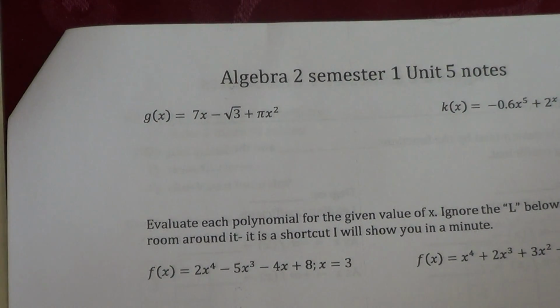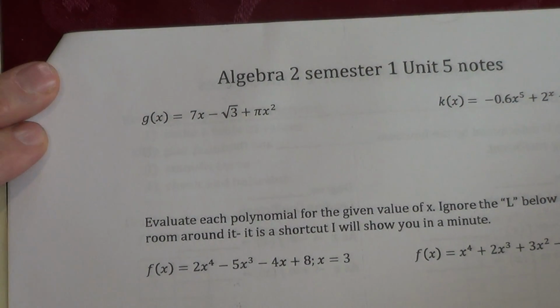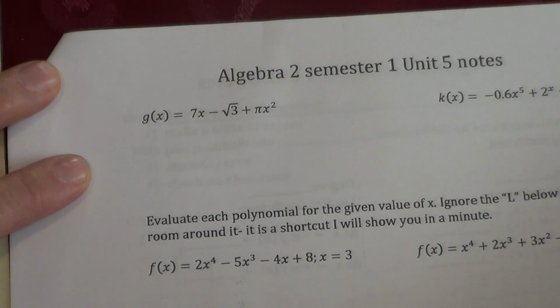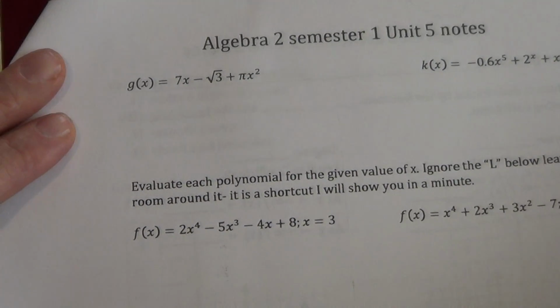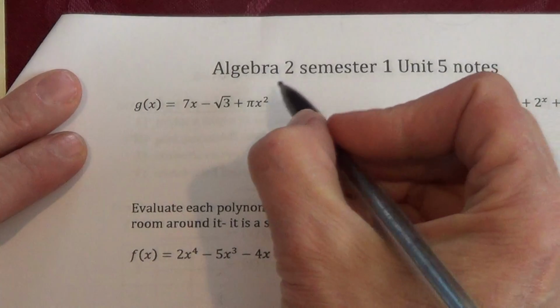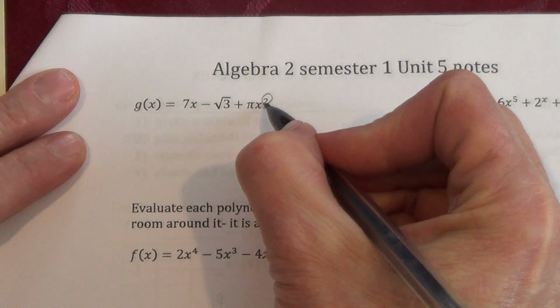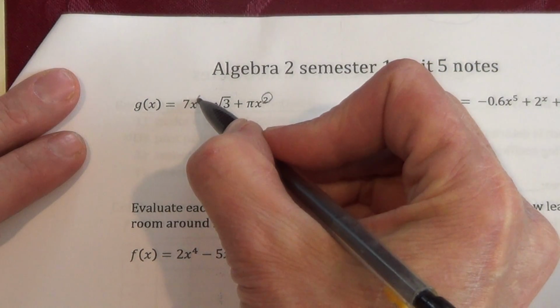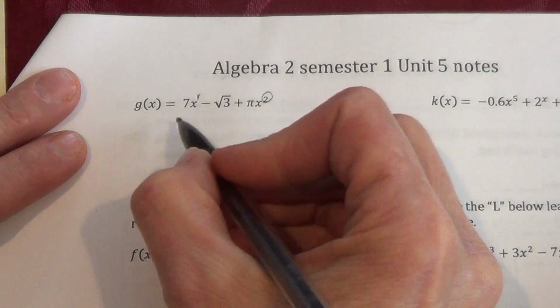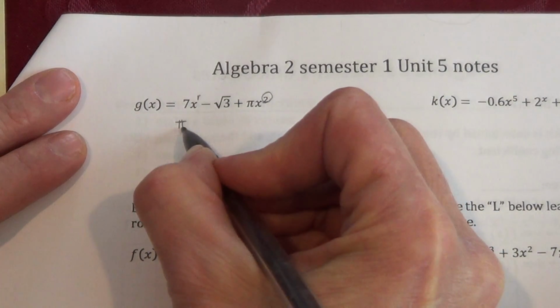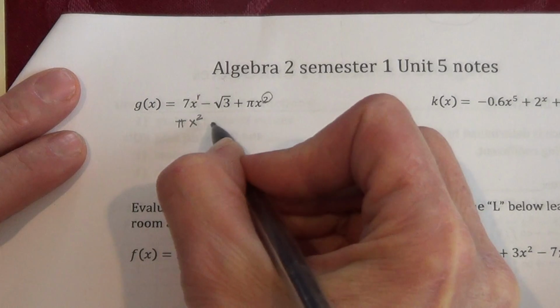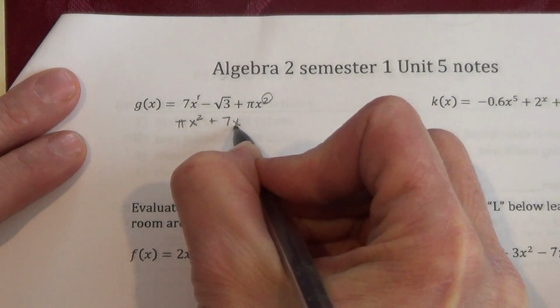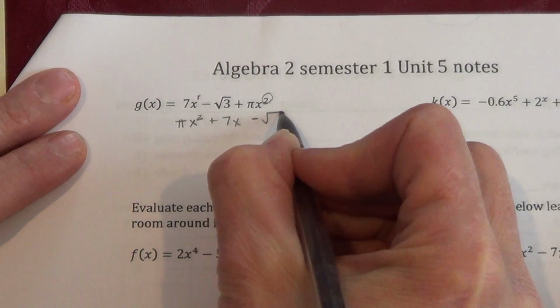This next polynomial that we're given appears to not be in order, so we would first simplify it. The reason I say it appears not to be in order is we've got an exponent of 2 here and an exponent of 1 there. So we rewrite that: pi x squared plus 7x minus radical 3.